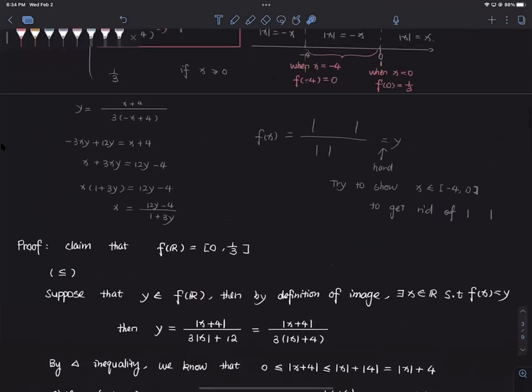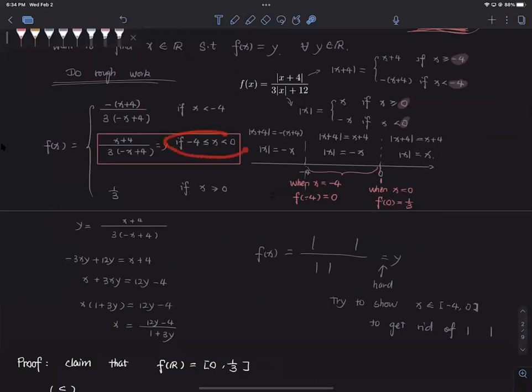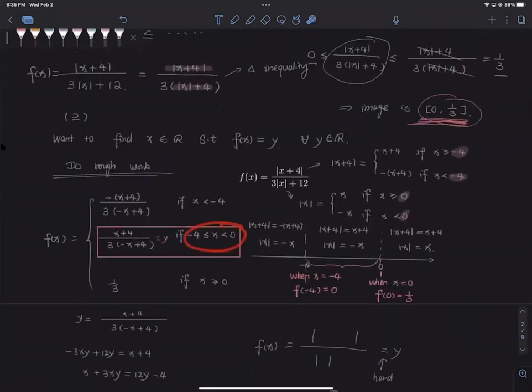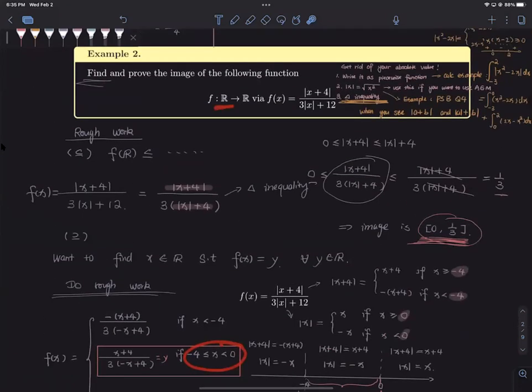And from my rough work, I know that when x is in this, this is my function. It's because we picked this part. Does that make sense? We picked this part, and that's why your x should be in this, but the domain of the whole function is real numbers.